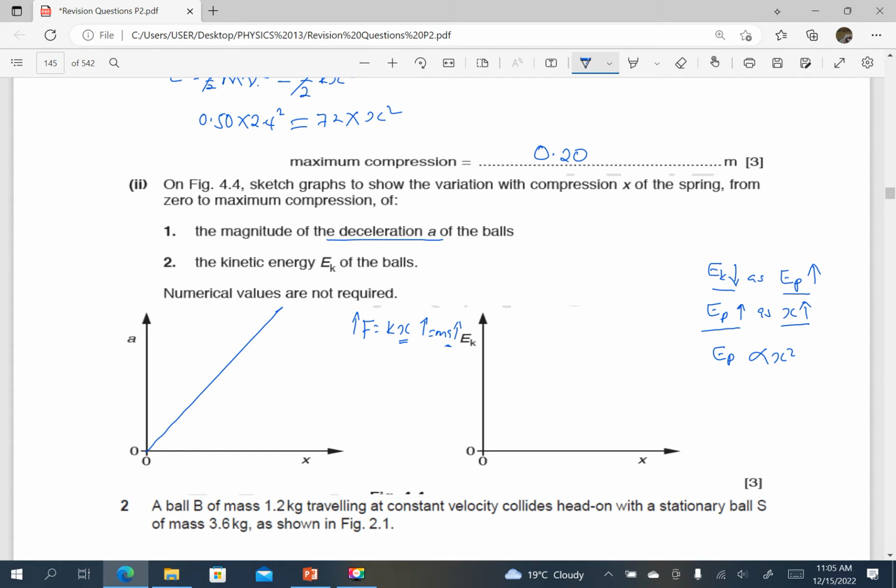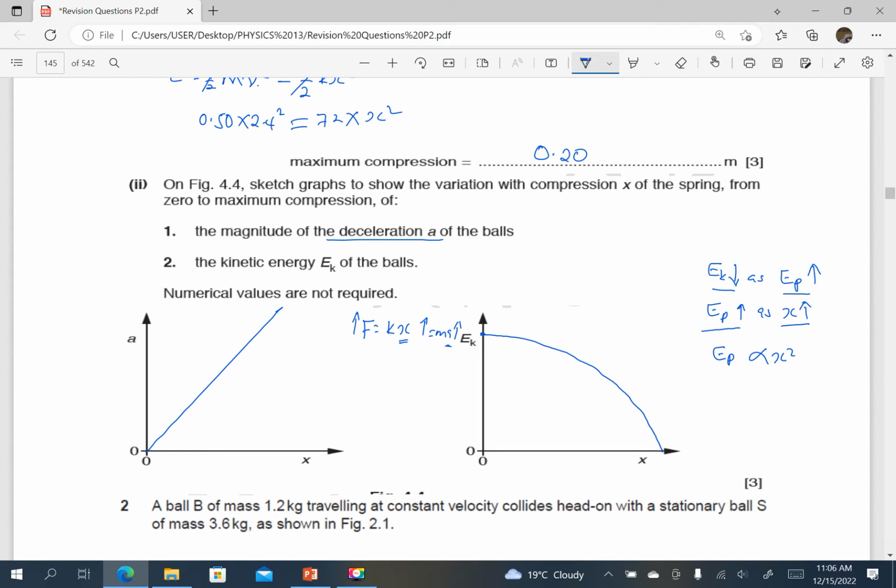There is an initial kinetic energy because there is an initial speed, but as the compression increases, the kinetic energy decreases, the elastic potential energy increases. So this is going to be a curve of this nature. The gradient is increasing, and the gradient is going to be positive.